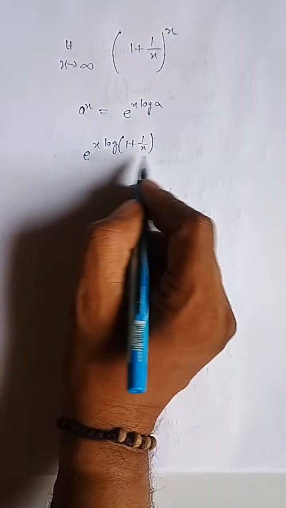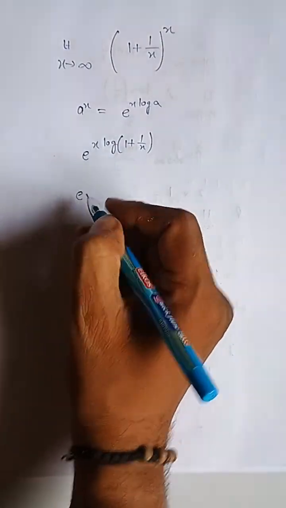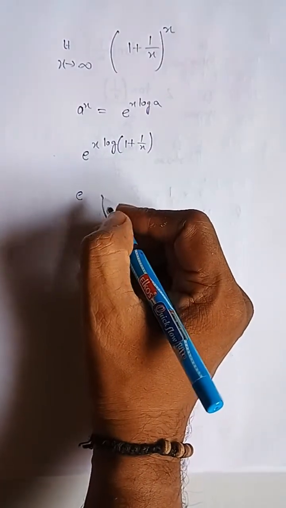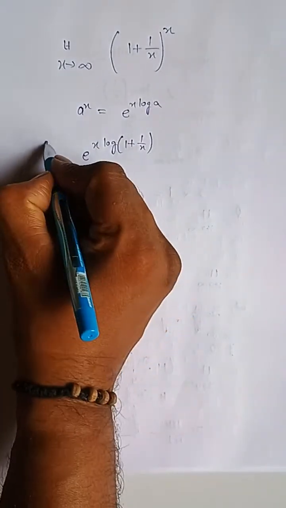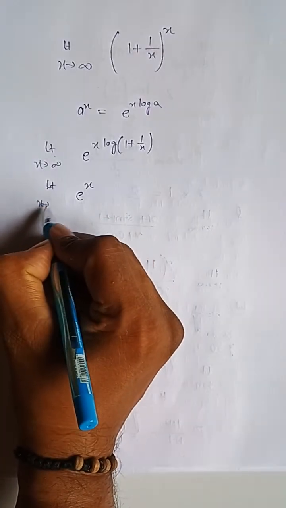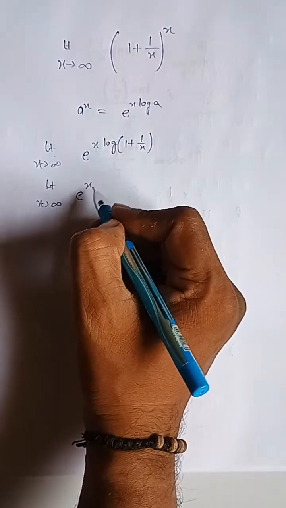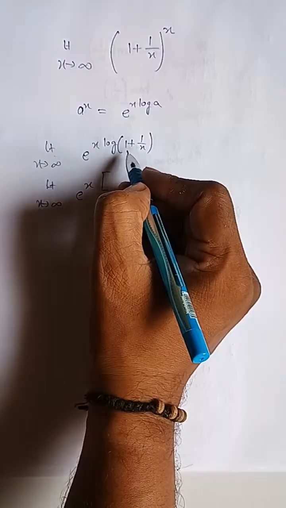So this is e to the power x into log 1 plus 1 by x. Now we will solve this. Okay, look here, I have the limit x tends to infinity of e to the power x, and then I can write the expansion of log 1 plus 1 by x.